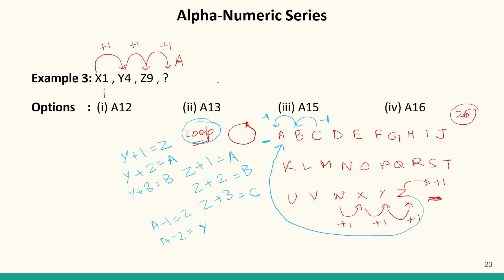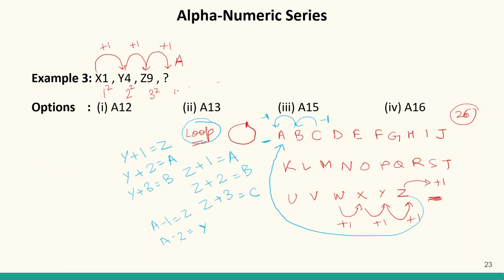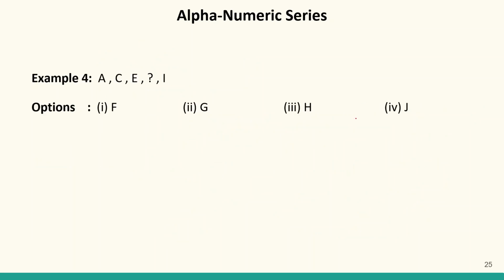Similarly, the numbers are 1 square, 2 square, 3 square. So the next element will be 4 square, which is 16. So the next element will be A16, which is this. Answer will be option 4. This is the solution.